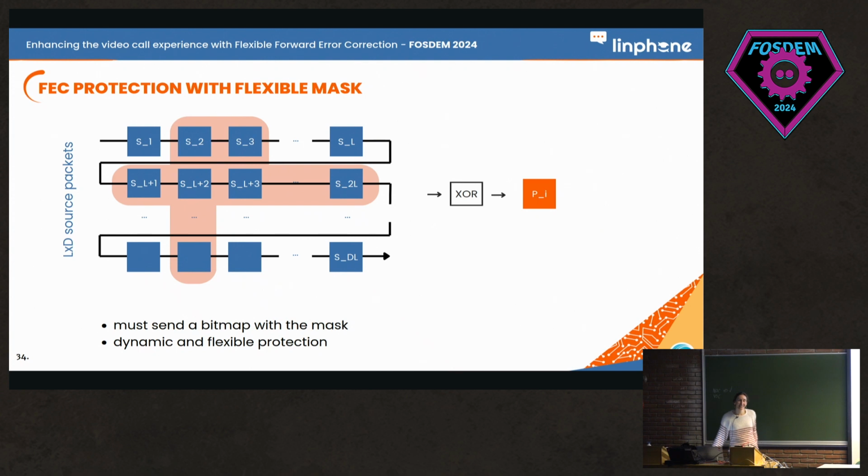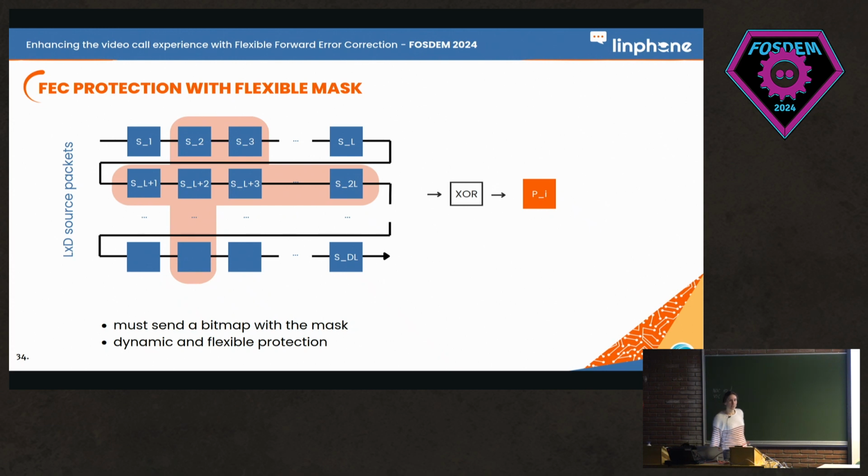Yes? About the masking that you mentioned right now, the slide is right there. You said that you can protect a specific packet, like you protect a group of packets. For example, in a video conference, I suppose you push a stream of x264 encoded video, and you protect, for example, the key frames, isn't it?